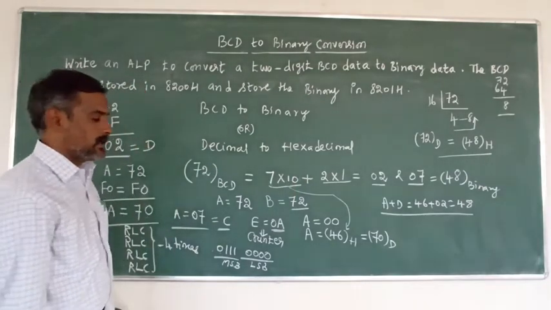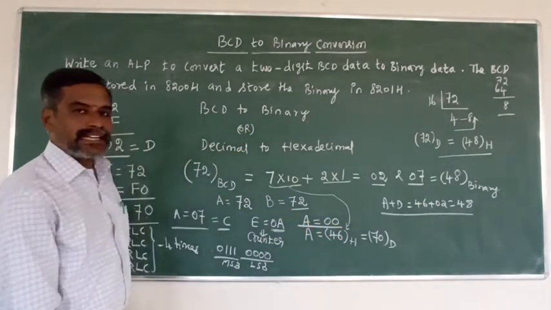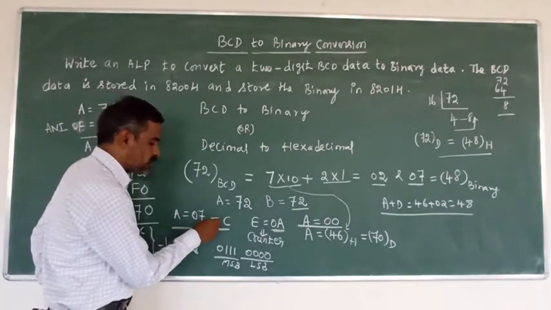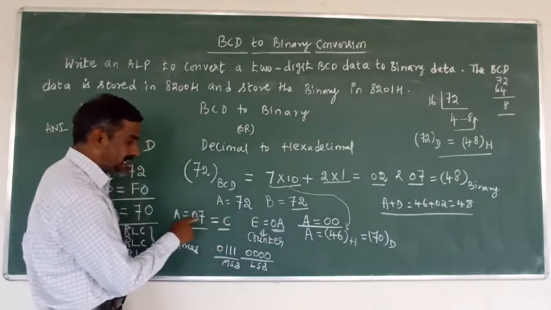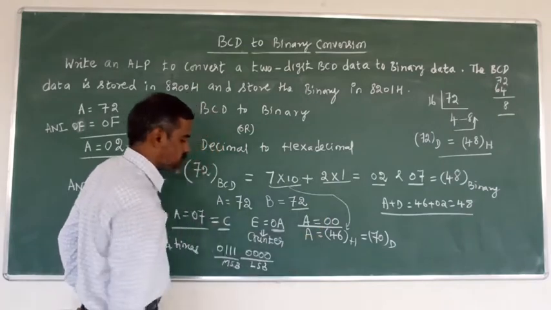Repeated addition, we have to clear initially the accumulator content, 00. Now the accumulator 07 data we temporarily move into C register. After moving to C register, now clear accumulator content, now accumulator will be 00.